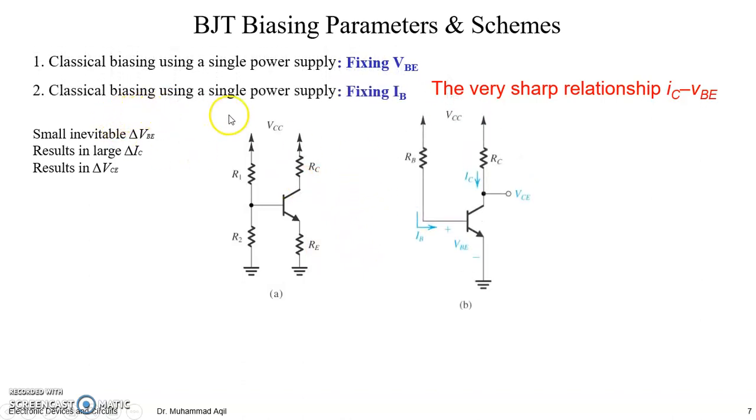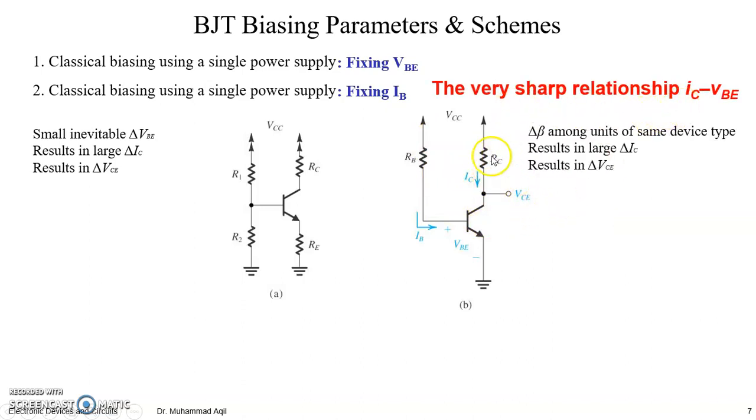And if we take the classical biasing single supply scheme by fixing IB here, same, right? The sharp relationship between collector current and the base to emitter voltage, or IB times beta, right?